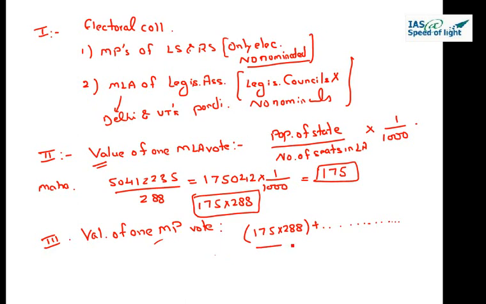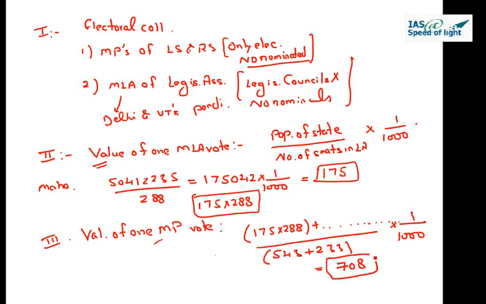And then I divide by the total seats in Rajya Sabha and Lok Sabha for that year. Again divided by 1000. So for the 2012 elections, this value came out to be 708.